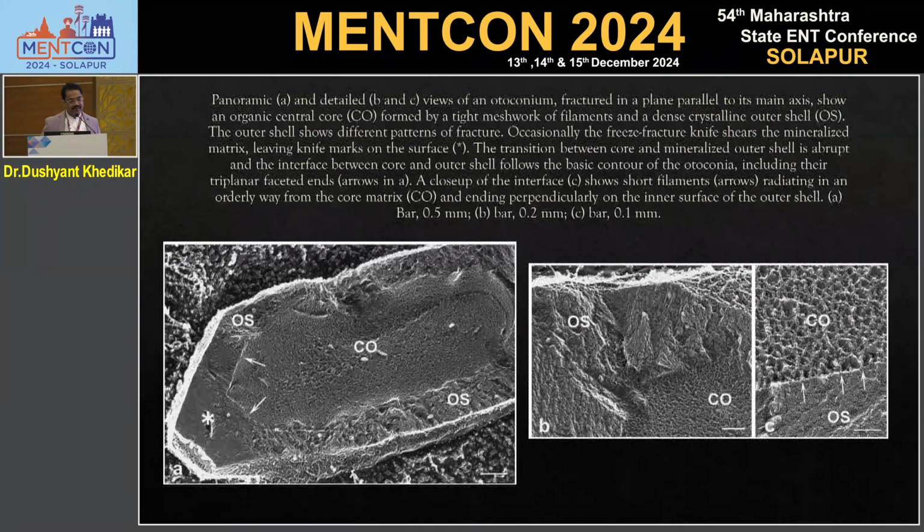Here we see a single otoconium in a cross-sectional view, where the core is not completely a calcium carbonate crystal as such. The core is primarily a glycoprotein. There are three proteins mainly: otoconin 90, which is almost 90% of the glycoprotein, otopetrin, and osteospongin.